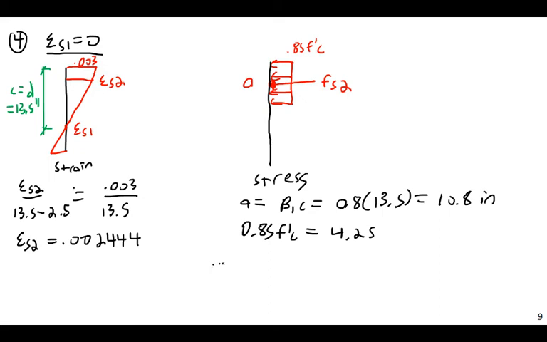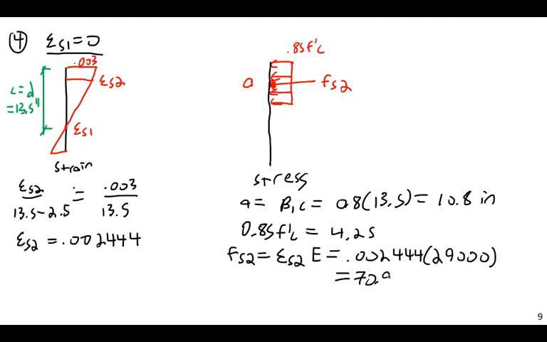And the stress in the steel, FS2, is going to be epsilon S2 times E. This is going to be 0.002444 times our modulus of elasticity of 29,000, and this comes to 70.9. So I'm finding the stress in the compression steel is 70.9 KSI. Do y'all see a problem with that?